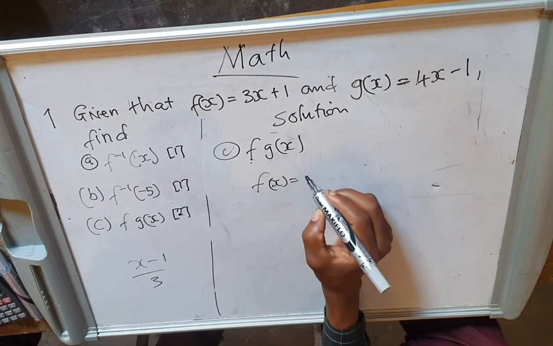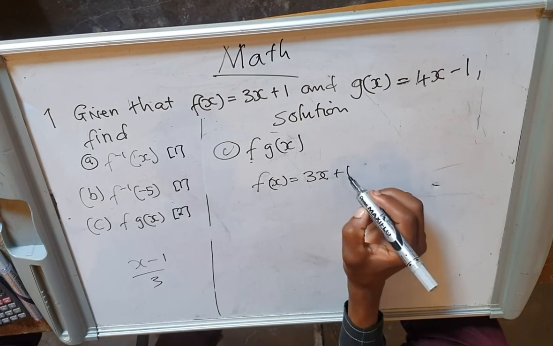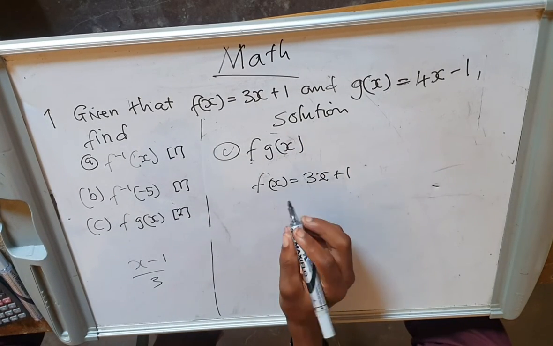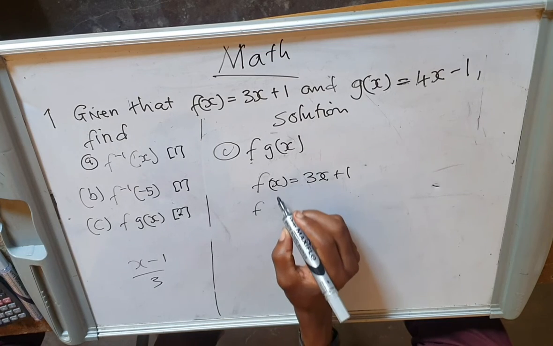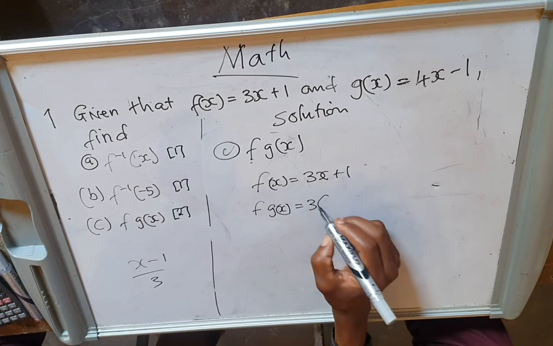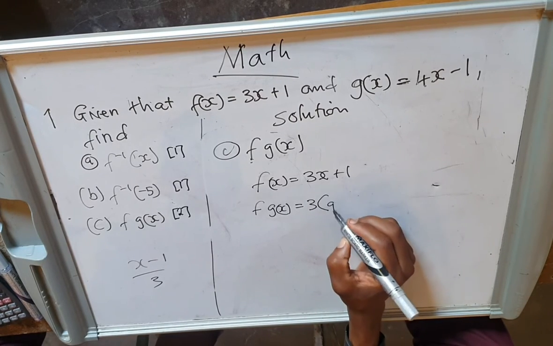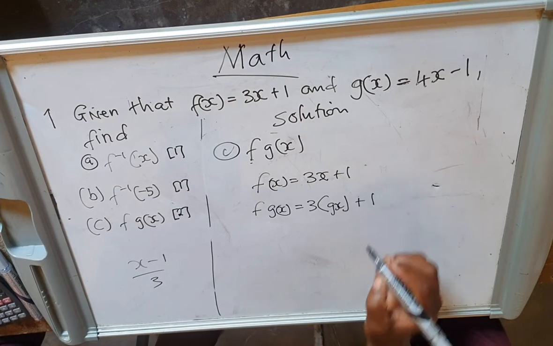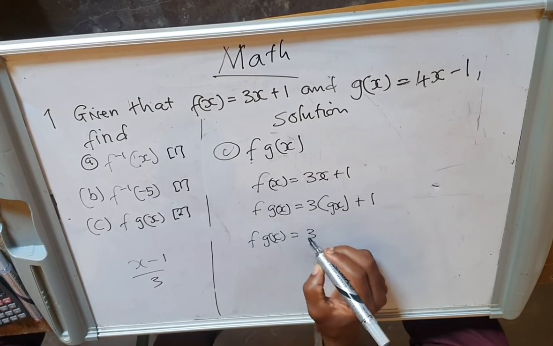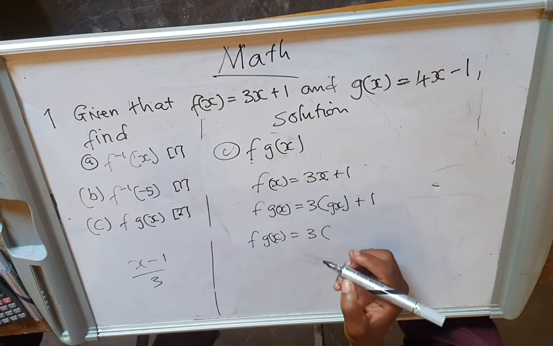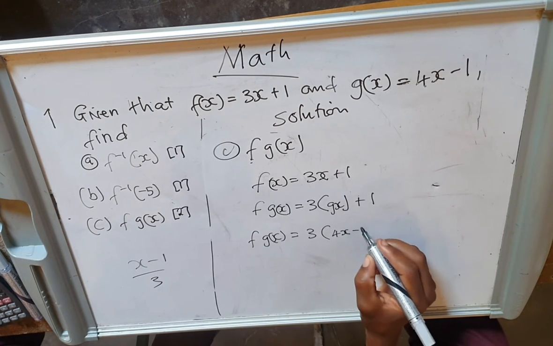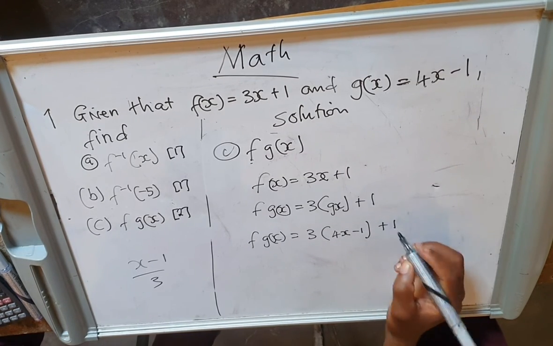f of x is equal to 3x plus 1. Now, where there is x in the f function, they have placed the g function. So where there is x, we put g of x. We have fg of x equals 3 times, then you put down the g function, 4x minus 1, then plus 1.